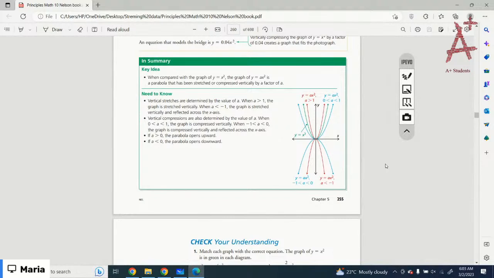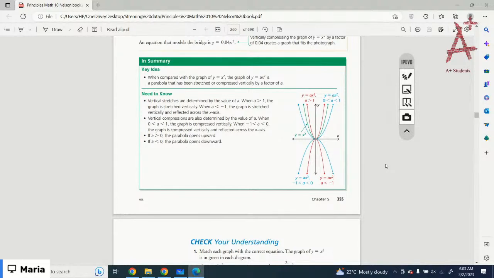When a is greater than 1, the graph is stretched vertically. When a is less than -1, the graph is stretched vertically and reflected across the x-axis. A negative value means the graph is reflected across the x-axis. Vertical compressions are also determined by the value of a.